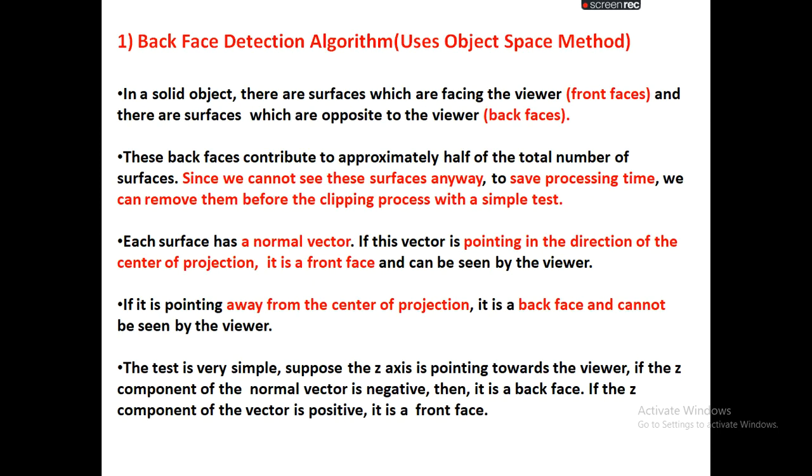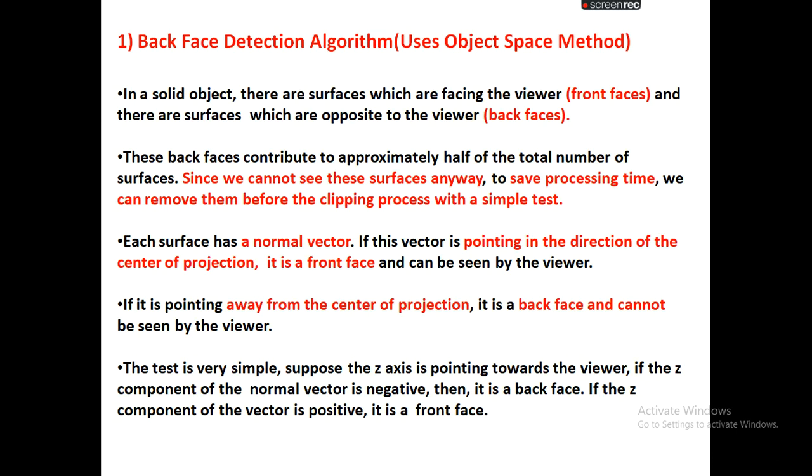The first type is called the backface detection algorithm. This algorithm uses the object space method to decide which faces are visible to the observer and which faces are back faces of the polygon.